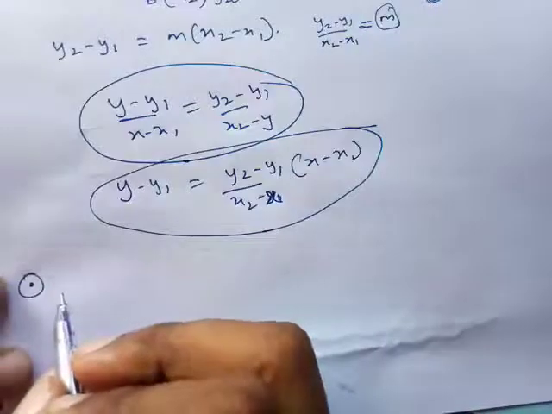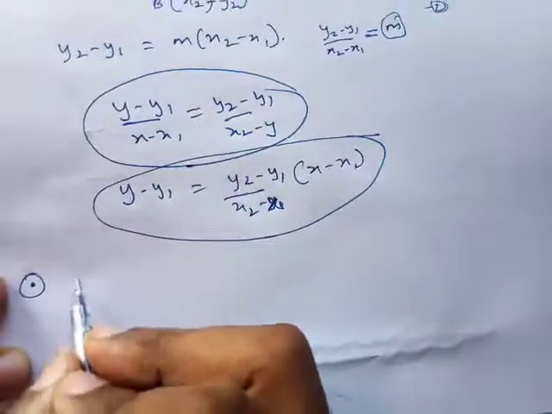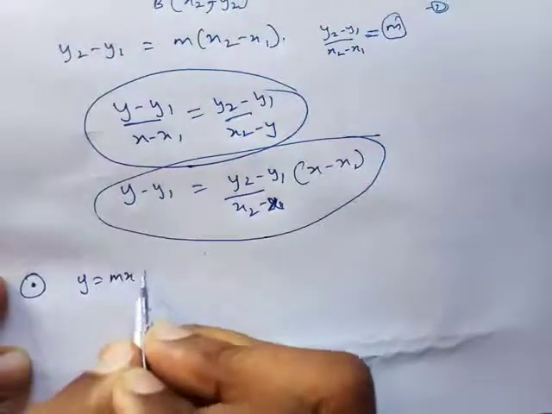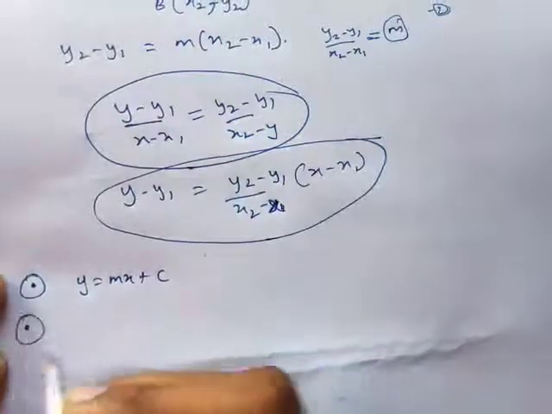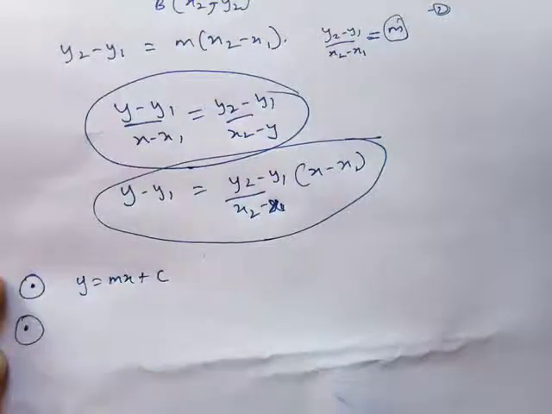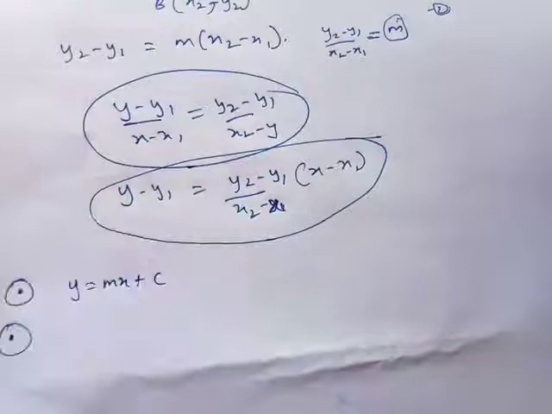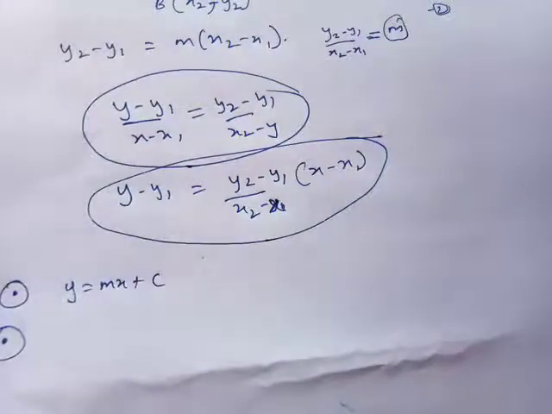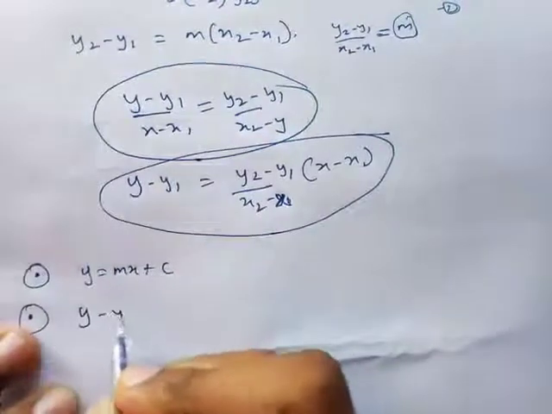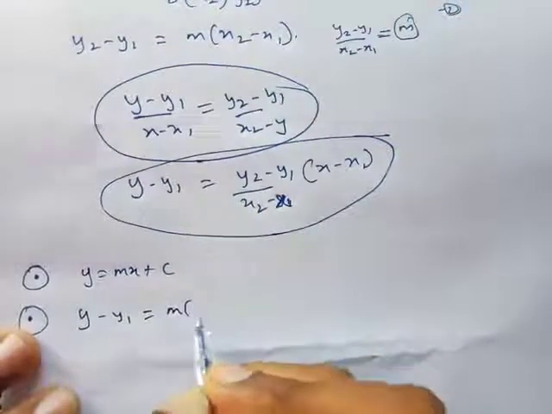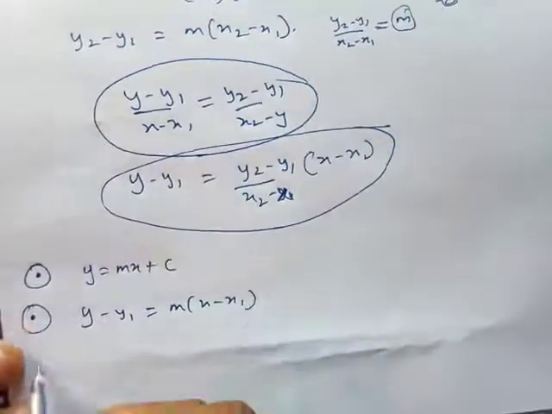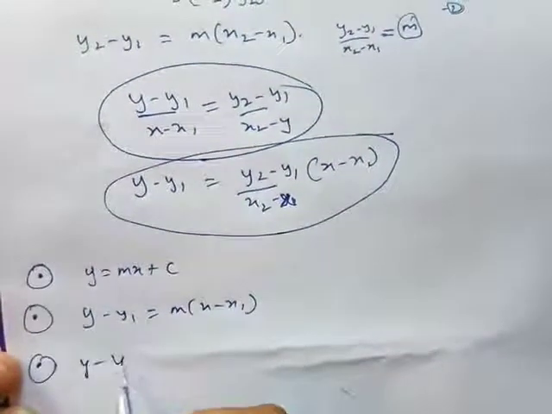One is the slope intercept form, the simple one, y equals mx plus c. The second is the point slope form, y minus y1, which you use when one point is given. When 2 points are given, then you will be using this equation.